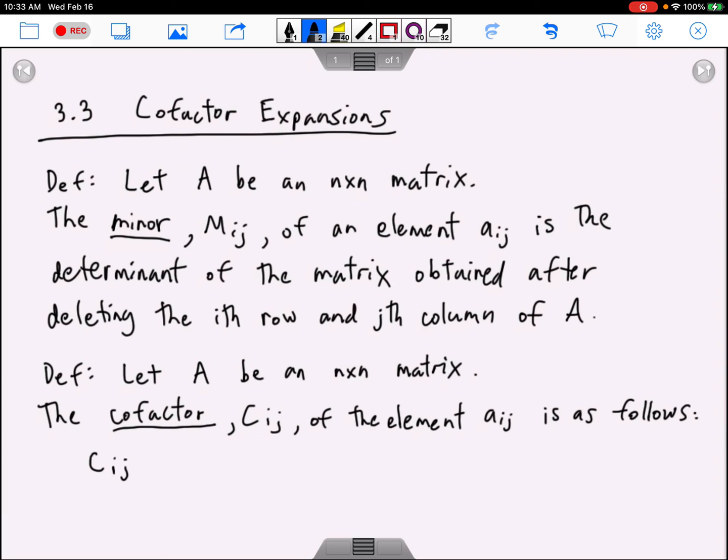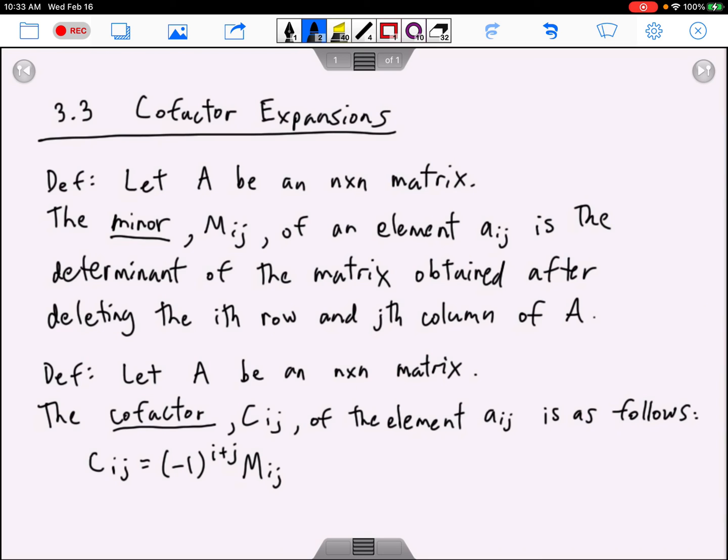So Cij is just going to be -1 to the power of i plus j times Mij. Okay. So the cofactor is very related to the minor. In fact, they only differ by at most a negative sign.